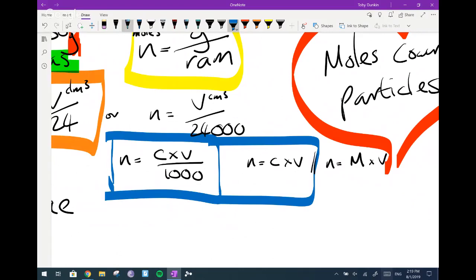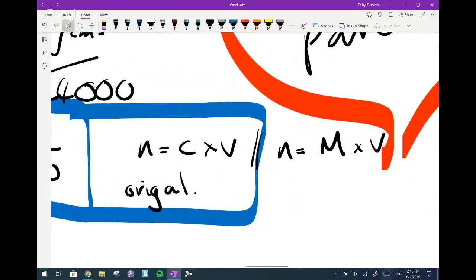And this one technically is the original, C times V. And the reason why it's the original is because we know that moles, of course, is measured in mole. And the concentration is always, and you all have recognized this, moles per dm cubed. Now, there are other units of concentration, and hopefully your teacher has done this with you. For my class, you know I've gone through grams per centimeters cubed, grams per liter.